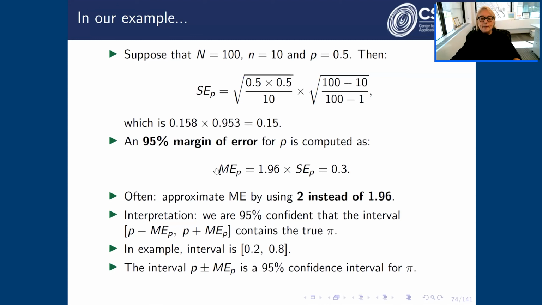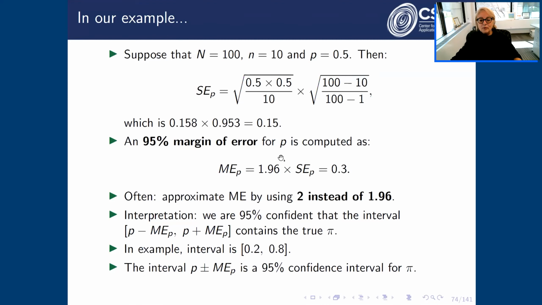So how do we compute what we call a margin of error? A 95% margin of error for the sample proportion is computed as follows. The margin of error, which we will denote by ME, is simply 1.96 times the standard error of P. So in this case, the margin of error is 0.3.